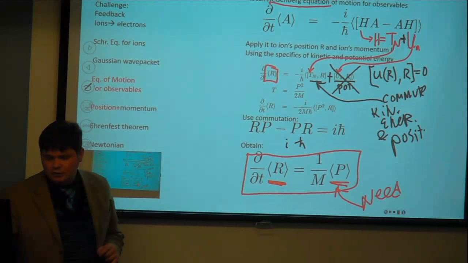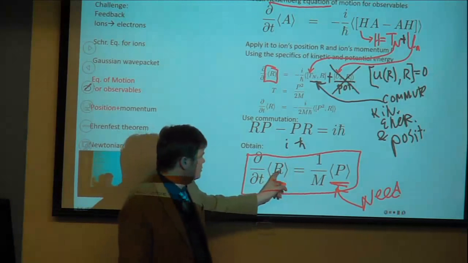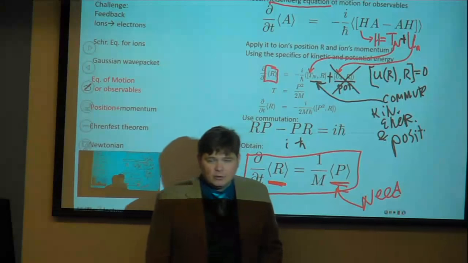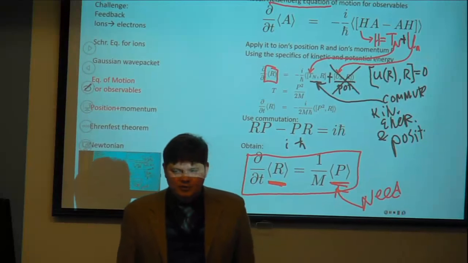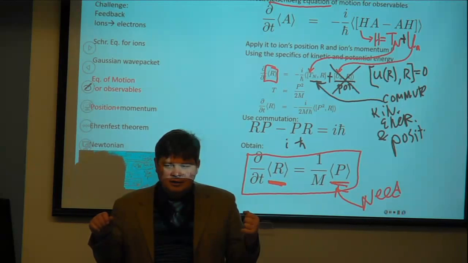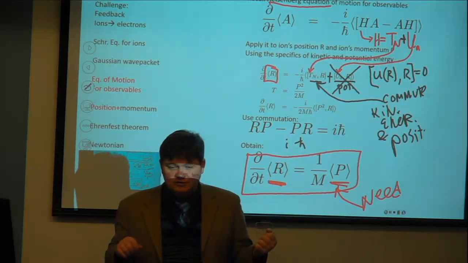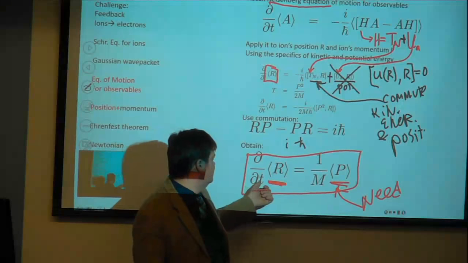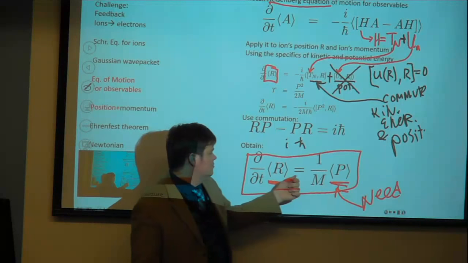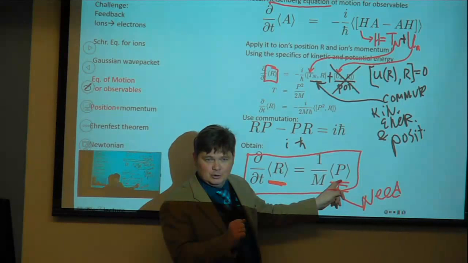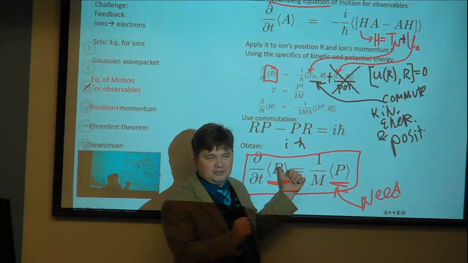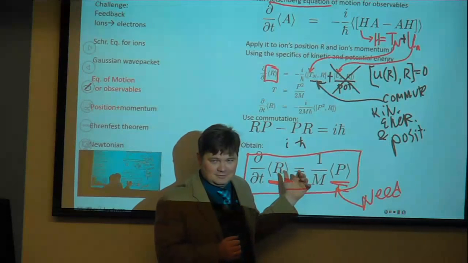Time evolution of position depends on momentum, and it goes along with your intuitive understanding. You do not need to be in a computational chemistry class or physical chemistry or even physics. You know that if an object has non-zero momentum, if it moves, intuitively it means its position is changing. Nothing else.